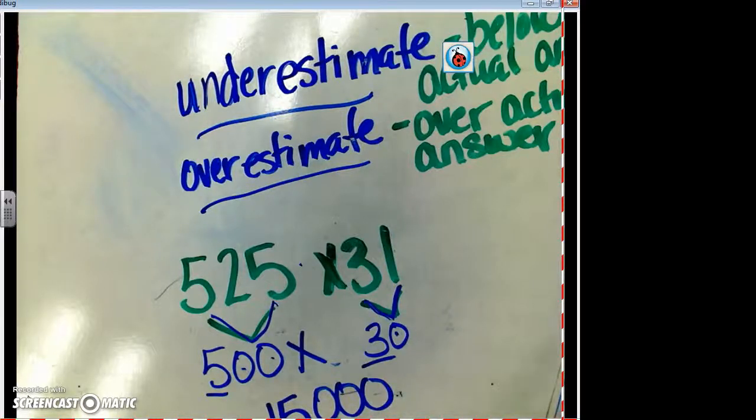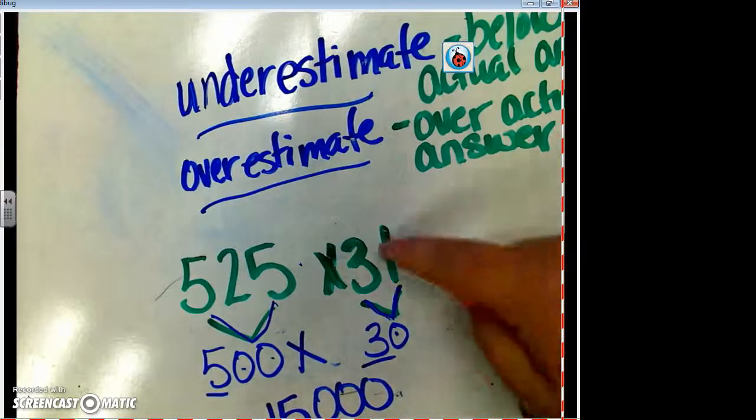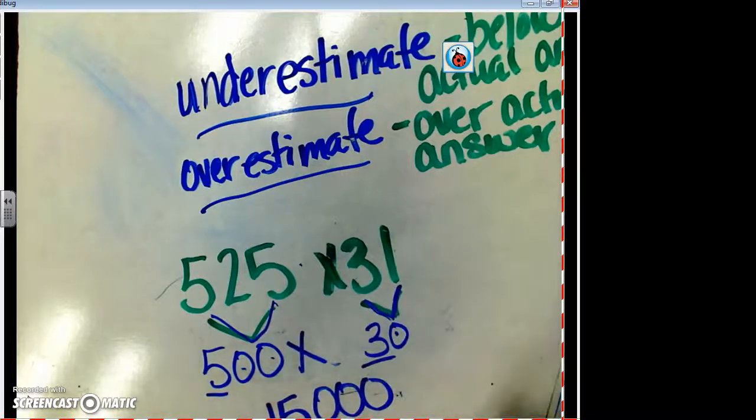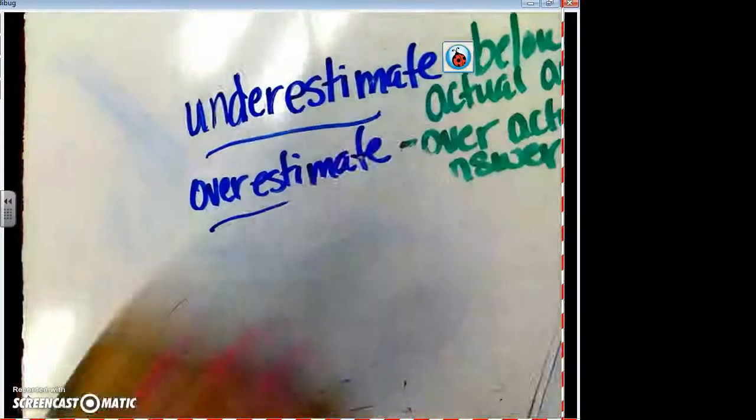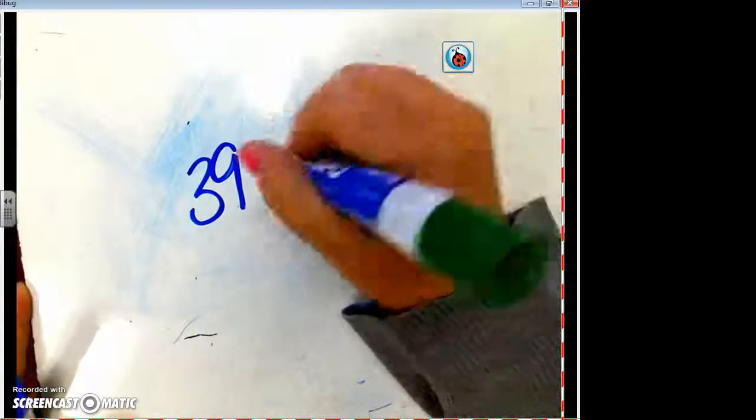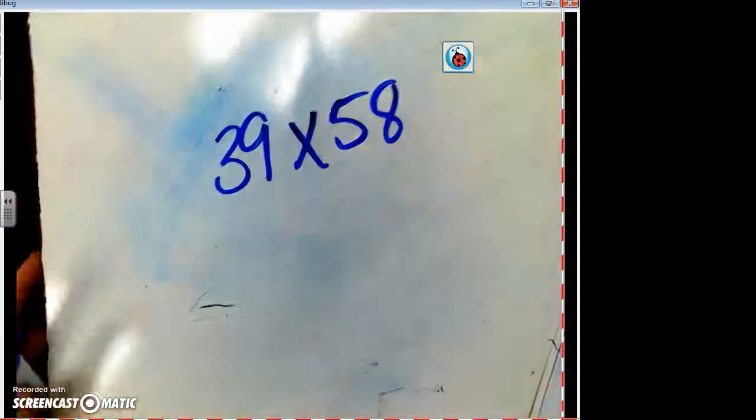Okay. Great. If I rounded both of these numbers down, I'm going to automatically have an underestimate. Okay? Very quickly, let's do one more problem. All right, if I have 39 times 58, okay?